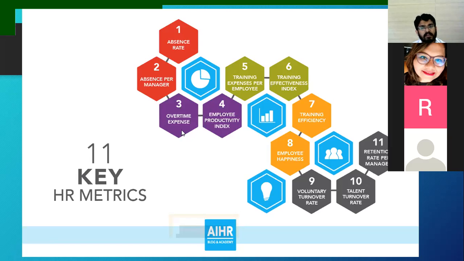Overtime expenses. So you can prepare a metric which will give the overtime expenses, how much overtime has been worked, and how much expenses are incurred. Then there's something called the employee productivity index to judge the productivity of the employee.